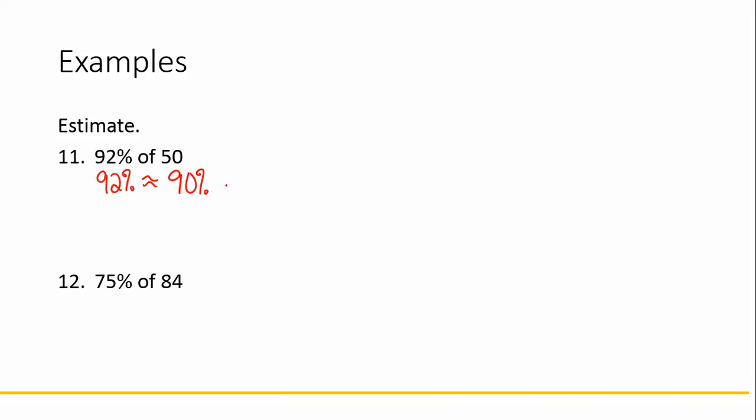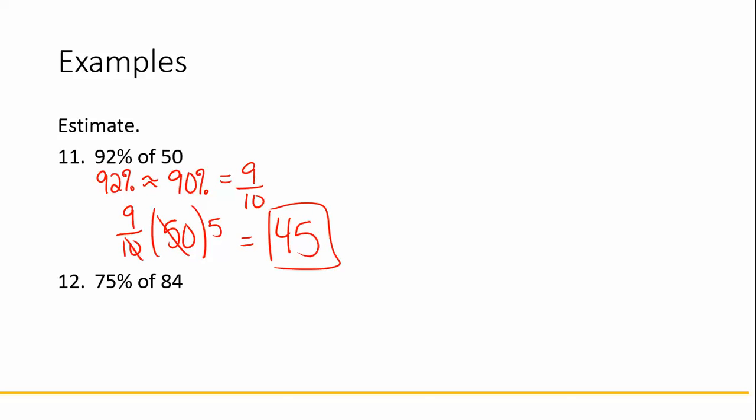We know that 90% is the same as saying 9/10. So if you take 9/10 of 50, remember we can cross cancel here, we get 9 times 5, which is about 45. Well, 9 times 5 is 45, but the answer is an estimate. So 92% of 50 is about 45.